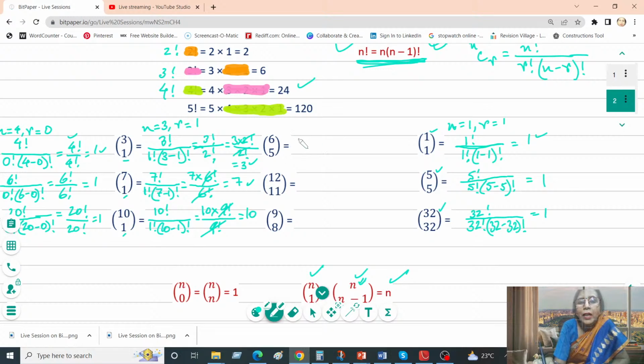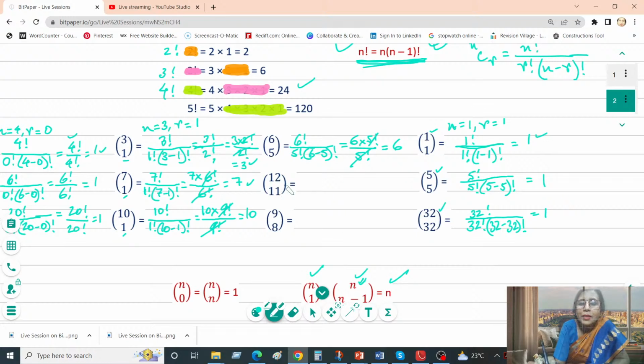So what will be the value? n factorial, that is 6 factorial, over r factorial times n minus r factorial, that is 6 minus 5 factorial. And 6 minus 5 is obviously 1 factorial, which is 1. And 6 factorial, again we can write this as 6 times 5 factorial over 5 factorial. These will get cancelled and we will be having 6.